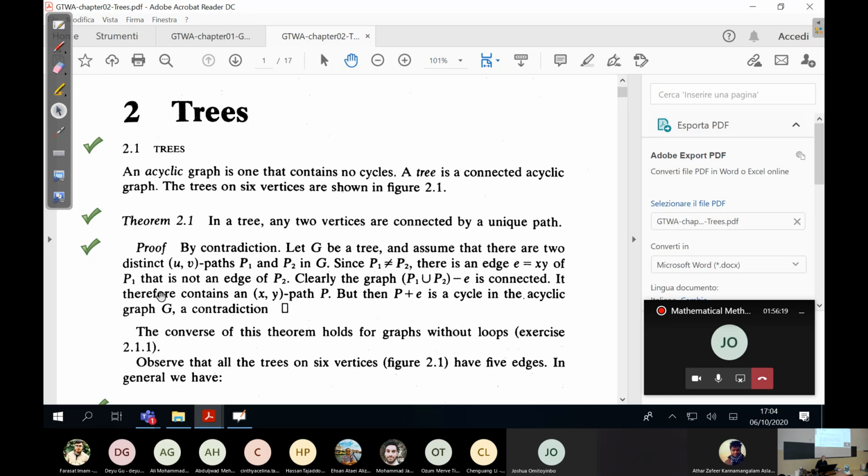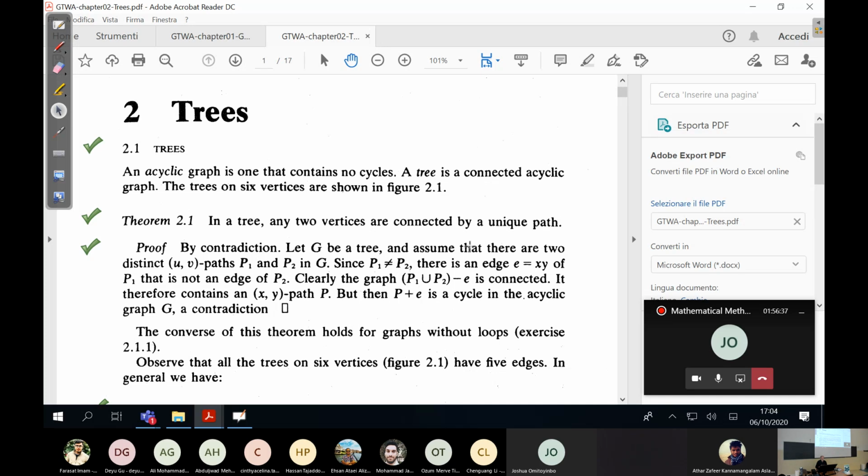But this cycle was already present in G, which means that G was actually not a tree. Why? Because a tree, by definition, is acyclic, without cycles. Okay?